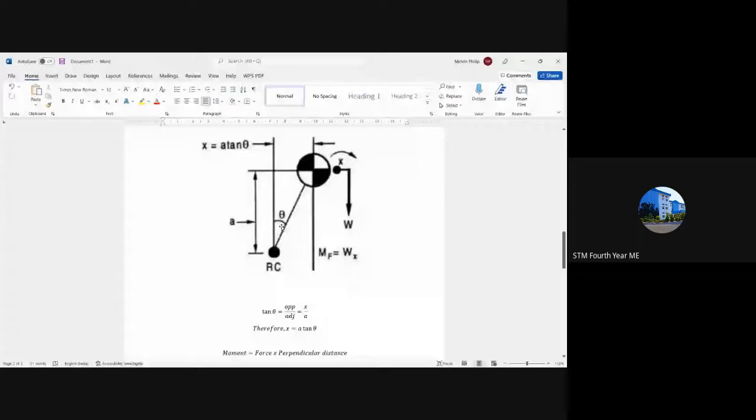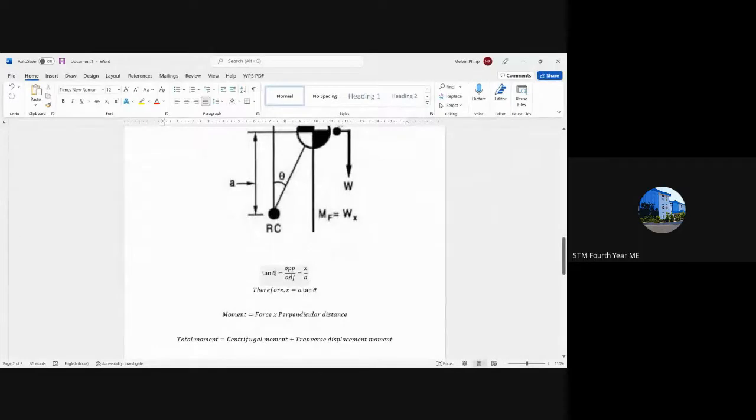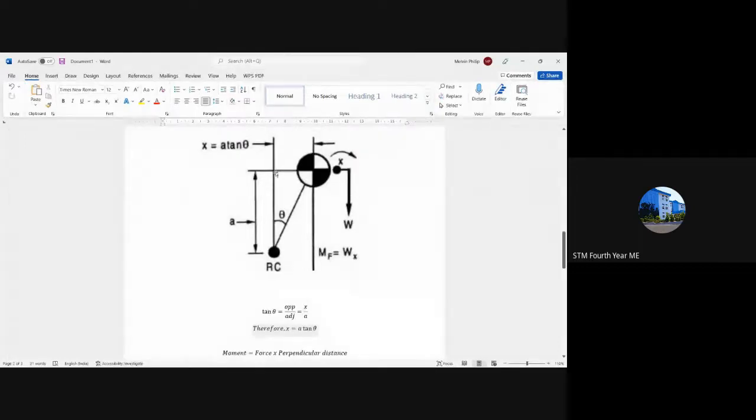From theta, the opposite side is x and the adjacent side is a. So x by a is tan theta. Therefore, x will be equal to a tan theta.